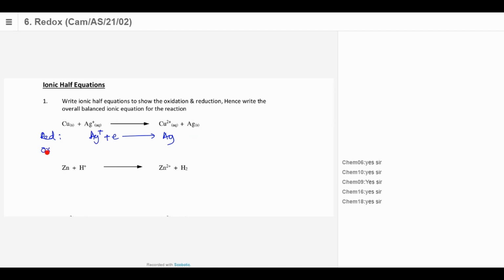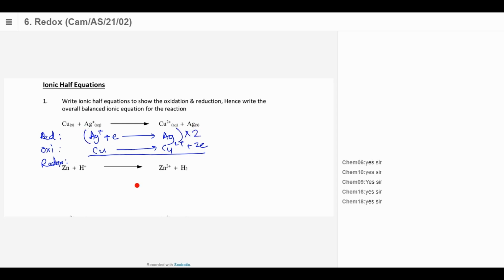And then the oxidation half equation: Cu turning to Cu2+ is oxidation, and you have to add 2 electrons onto the right side because oxidation is loss of electrons. Then you add the two half equations to construct the overall equation. When you do this, it's very important that the overall equation should not carry any electrons, which means when you add the two half equations, you need to ensure that the electrons get cancelled.